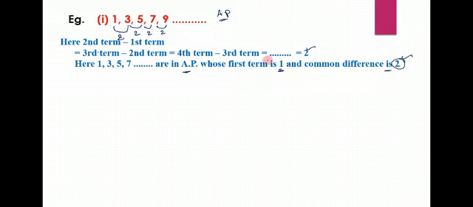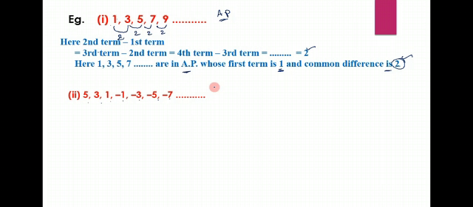Okay, now let us see the second example: 5, 3, 1, minus 1, minus 3, minus 5, minus 7, and so on. Here, how do we verify whether it is an AP or not? As usual, we need to take the common difference.